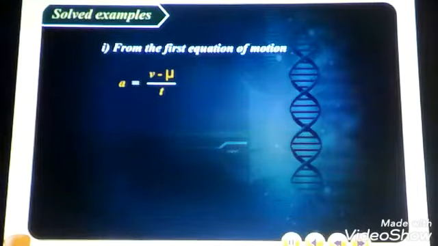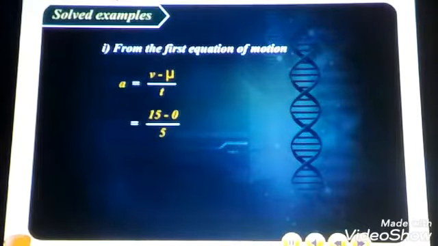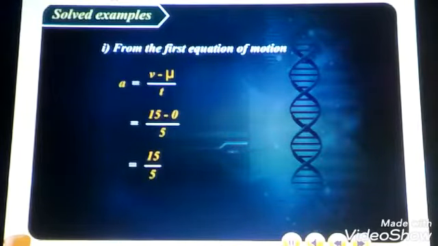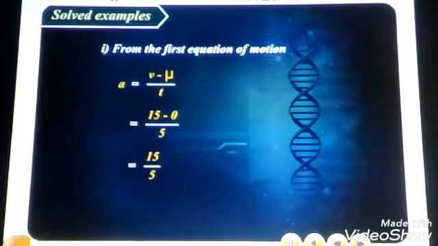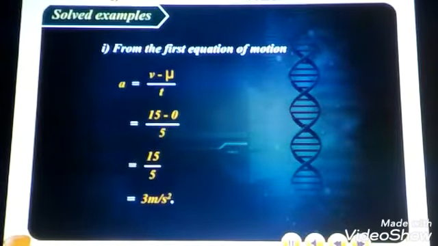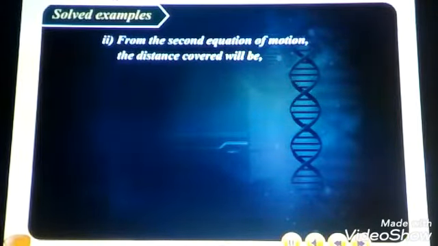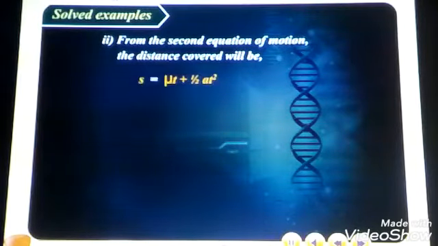From the first equation of motion, a is equal to v minus u upon t. So 15 minus 0 upon 5. So 15 upon 5 is equal to 3 meter per second square. From the second equation of motion, the distance covered will be s is equal to ut plus half of at square.